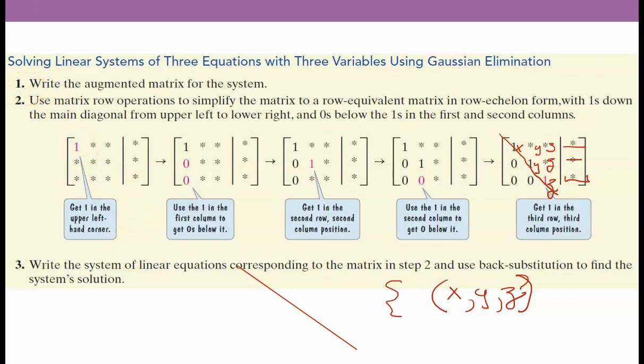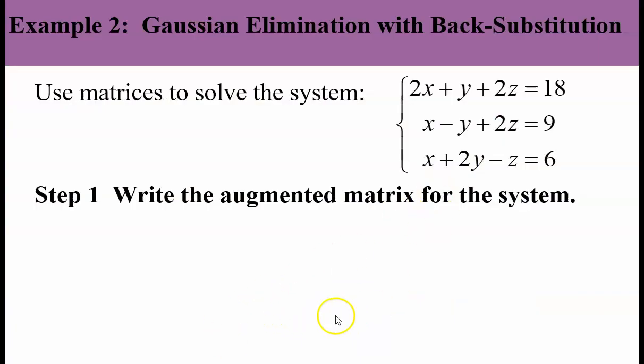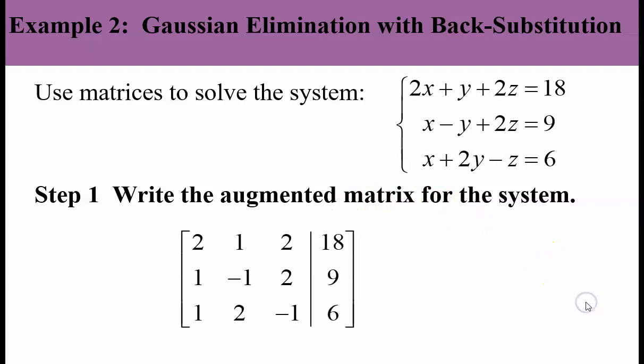All right. Now we get to solve a system using matrices. To solve this system, first thing, put it into the augmented matrix, which we see right there. Just verify everything. This is a 2, a 1, a 2, and 18.